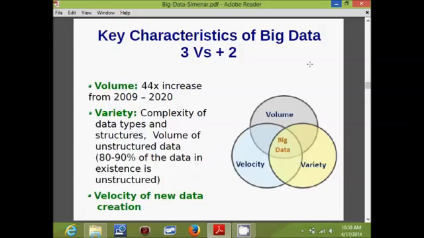And the other V is the velocity, or speed. Data are expanding rapidly. So these are the three main characteristics of big data. Now, some other people added two more V's to big data: the variability of the data and the value. Variability is the state or validity of data in relation to the time it is used in.